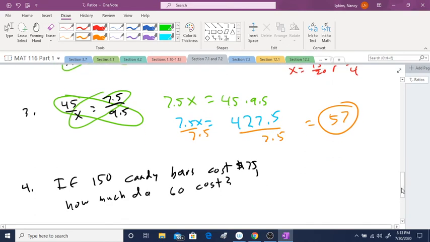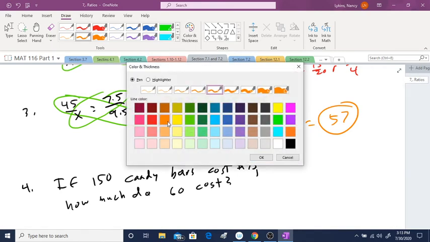Okay, now let's do a little word problem. If you sell 150 candy bars at $75, how much do 60 cost? Some of us can do this in our head, which is perfectly fine, but not all of these are this simple.